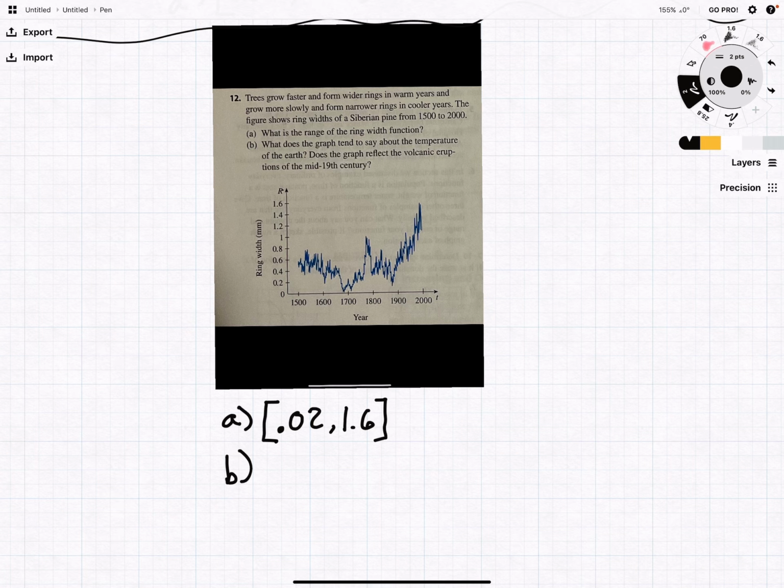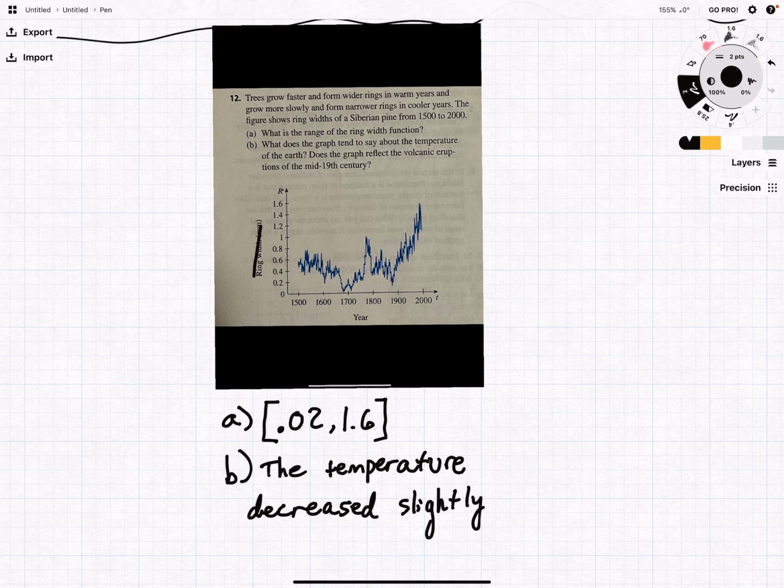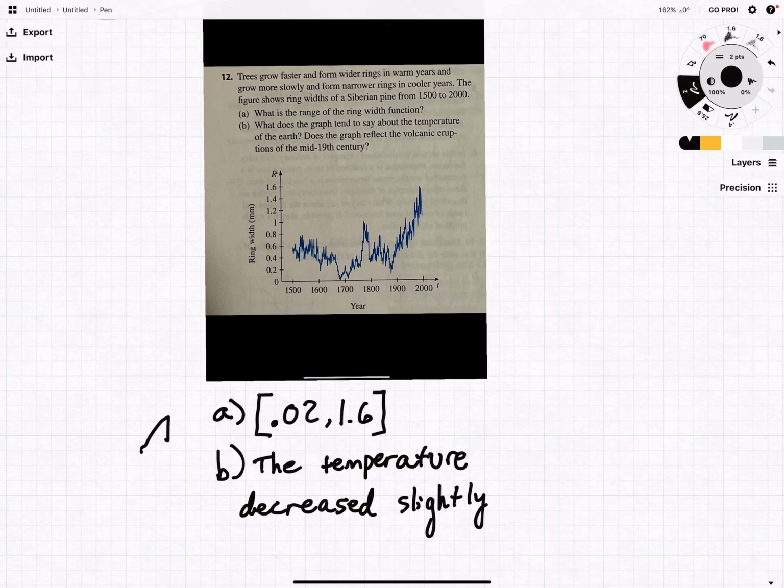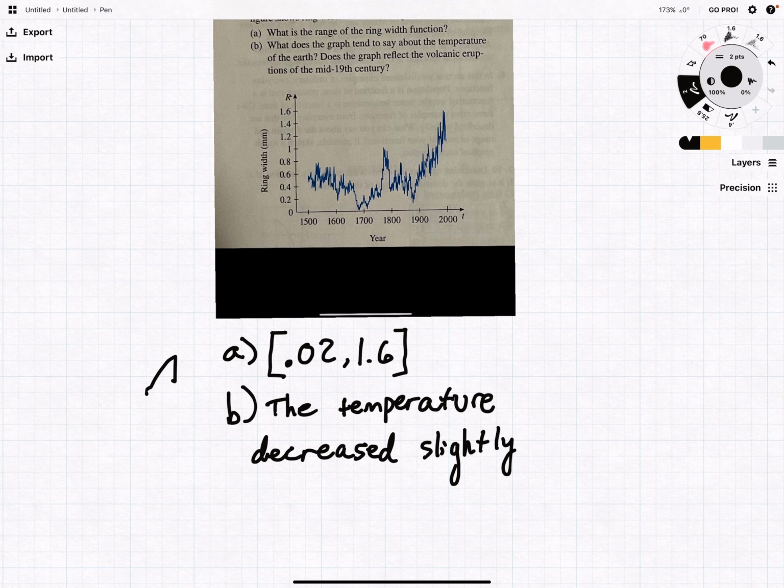So maybe we could say the temperature decreased slightly from 1500 to 1700.